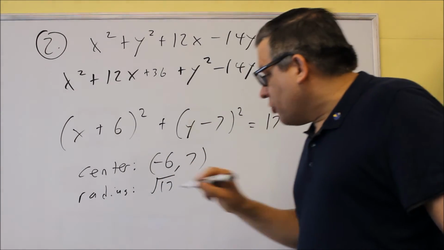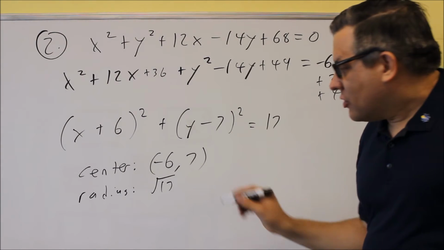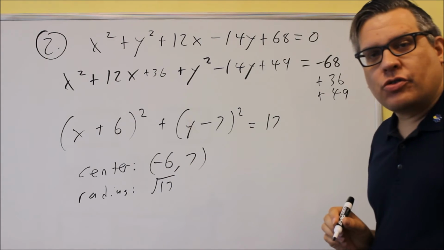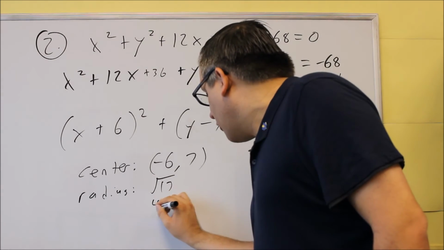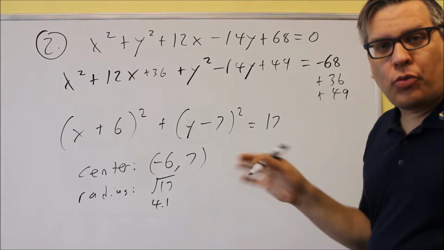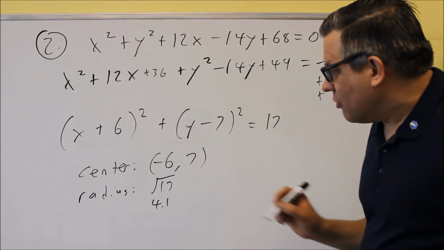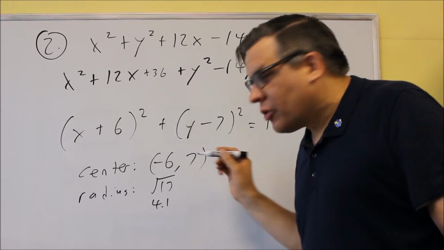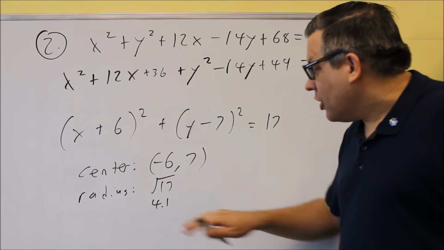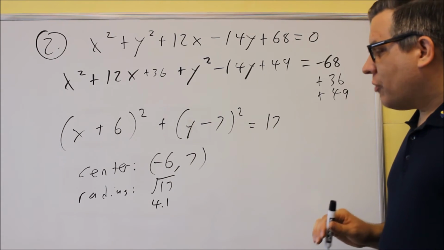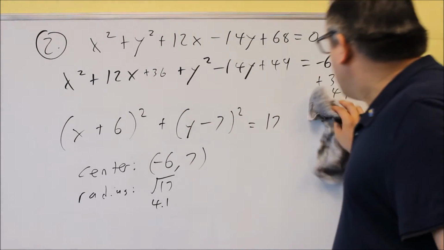Now, you probably want to get a decimal for that because you'll need a decimal in order to do the graph. Okay, so if you're able to do a decimal that's a little bit more than 4, so about 4.1, 4.2, somewhere around there is what it's equal to. And on the test itself, square root is fine, but for graphing purposes, we need this. So I have all this information down here. I'm ready now to do the graph.